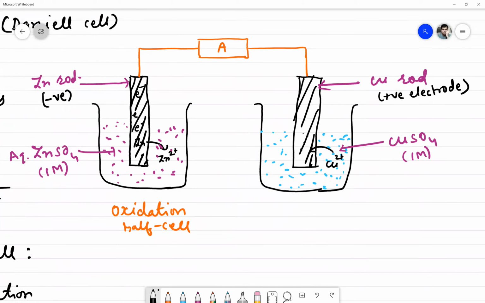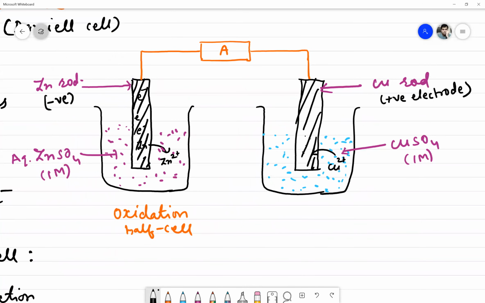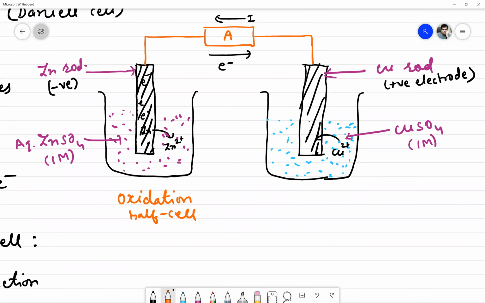These two negative and positive electrodes are connected to an ammeter, a device which measures the amount of current flowing. Electrons flow from anode to cathode, and current flows in the opposite direction. So this is the reduction half cell.